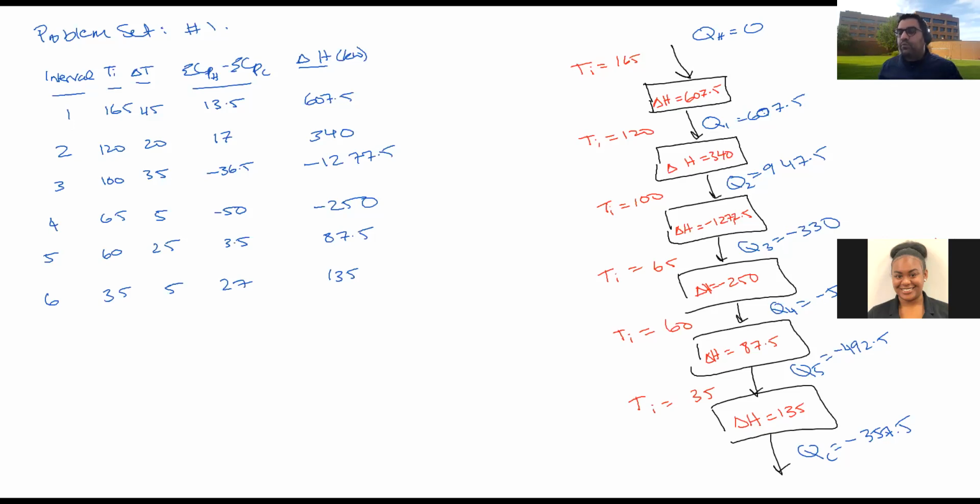And once you identify the point which has the most negative Q, or the largest heat, the interval with the largest heat deficit, basically, you're gonna define two parameters. The first one is the pinch point, right? So this will be my pinch point. The corresponding temperature will be my pinch point.